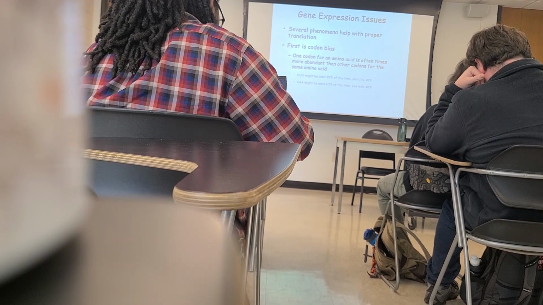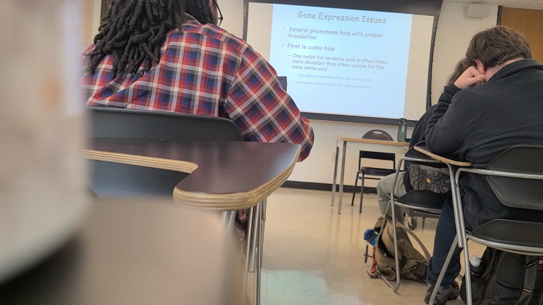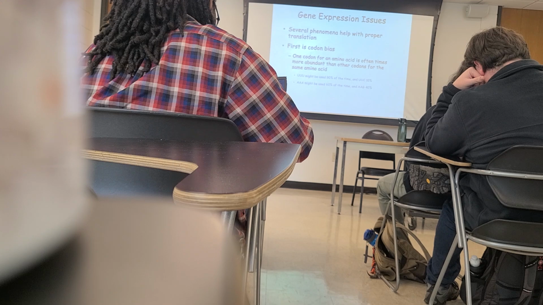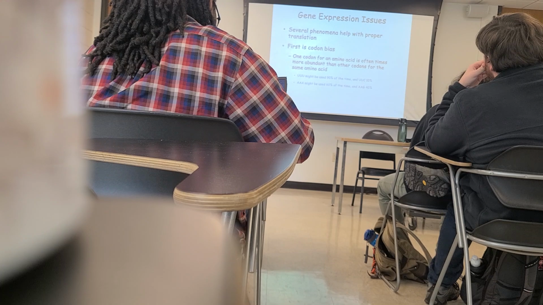There are 61 sense codons. I don't know if you looked at the math from the previous slide. When you use groups of 3 and there's 4 letters, there are 64 possibilities of combinations, which is why there's 64 codons on the genetic code. And 61 of those are the sense codons. And through sequencing the genomes of lots of different types of organisms, we have noticed a phenomenon that is called codon bias.